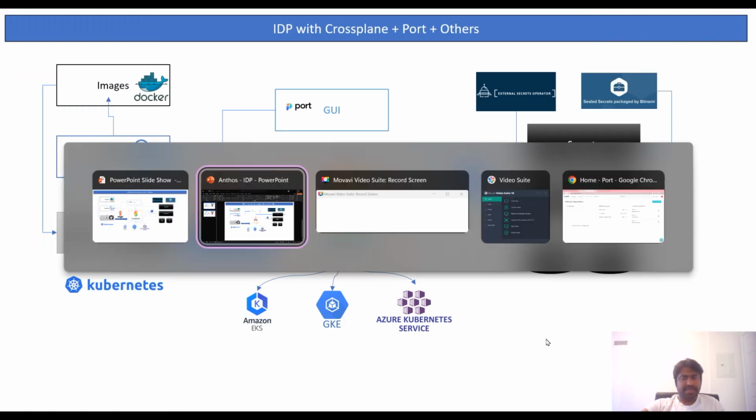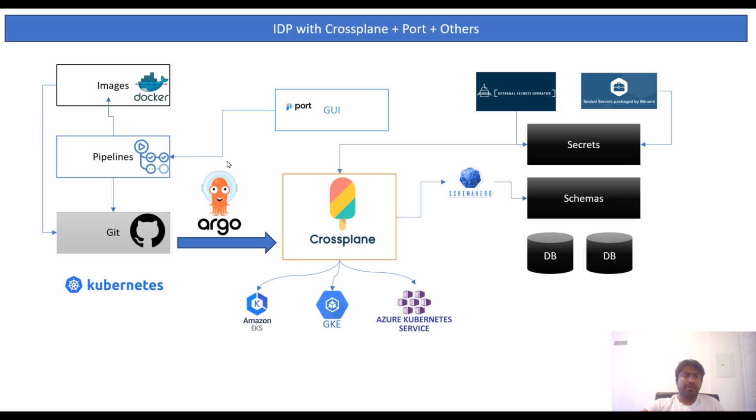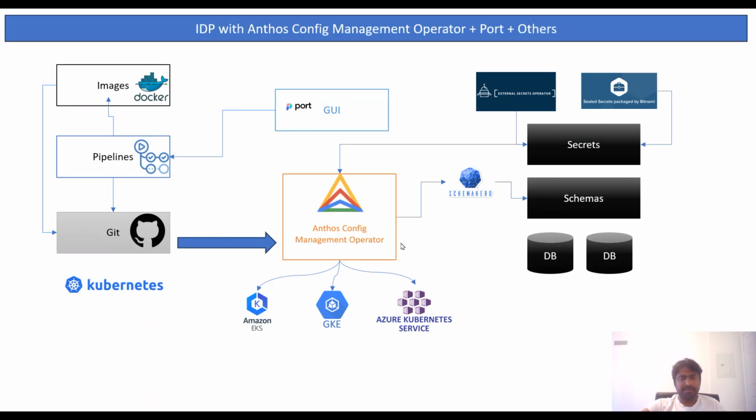Now let's try to understand the Anthos Config Management Operator. It is the GitOps tool provided by Anthos. It allows you to integrate with your Git repo, and it will constantly monitor that repo.